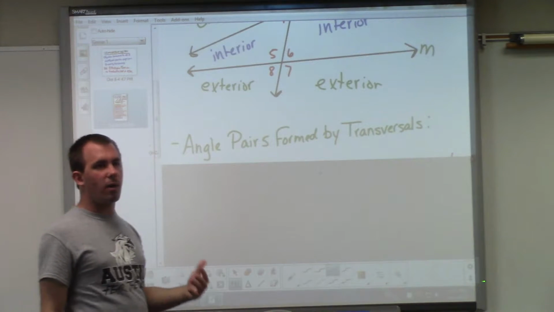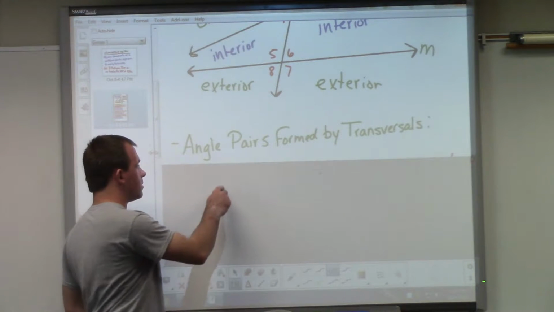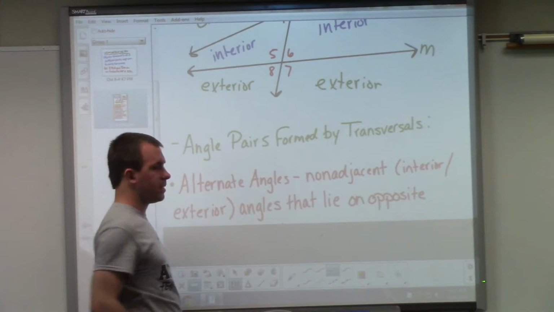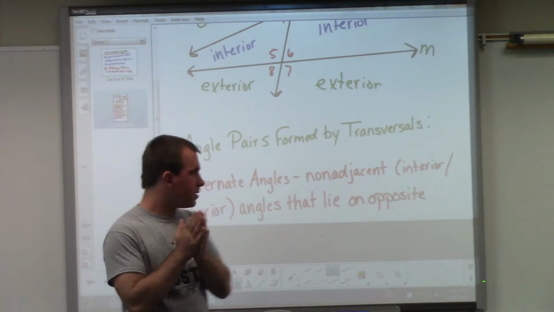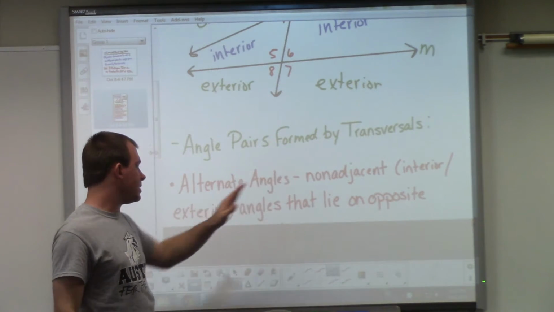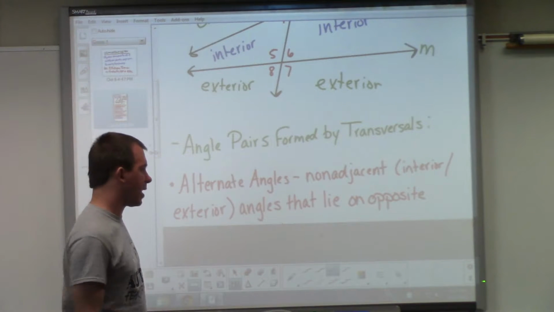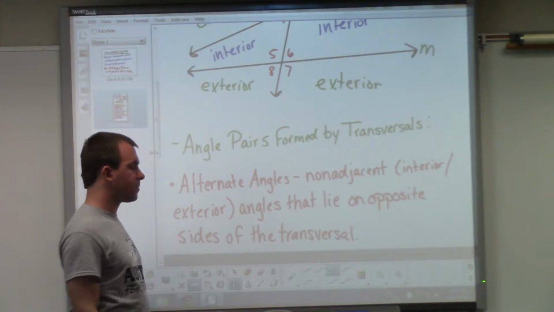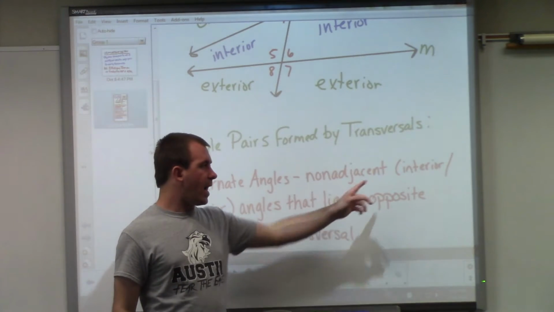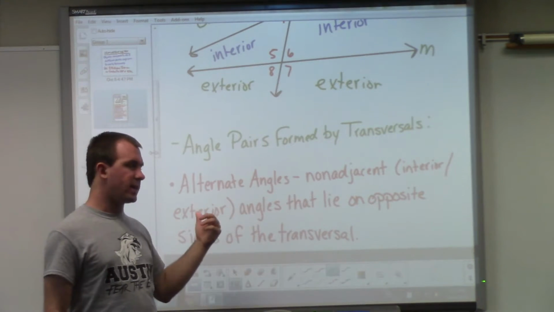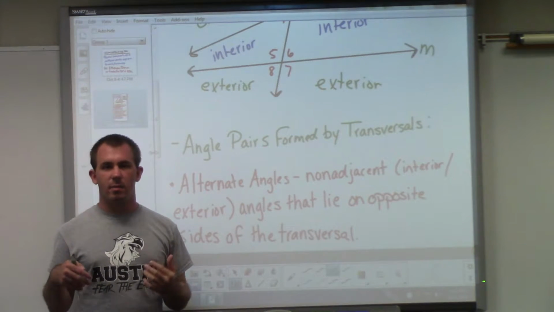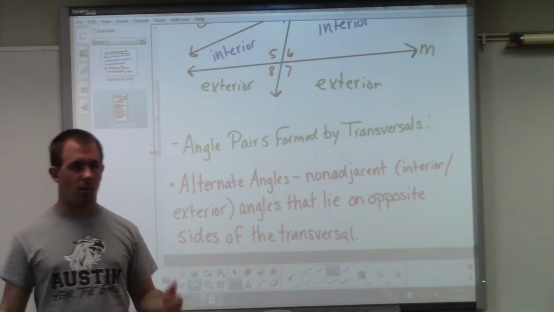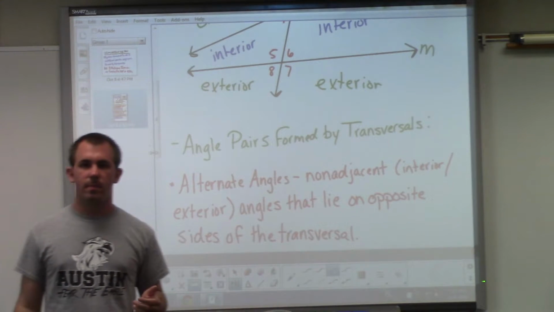The first is what we call alternate angles. Alternate angles are non-adjacent, that means not right next to each other, non-adjacent interior or exterior angles that lie on opposite sides of the transversal. Now I have the interior/exterior in parentheses because I used to call these alternate interior angles and alternate exterior angles.